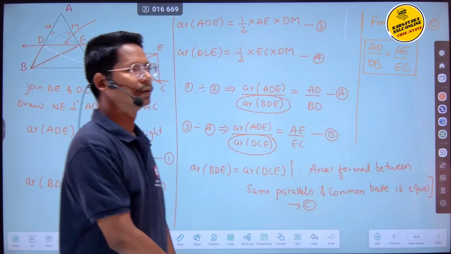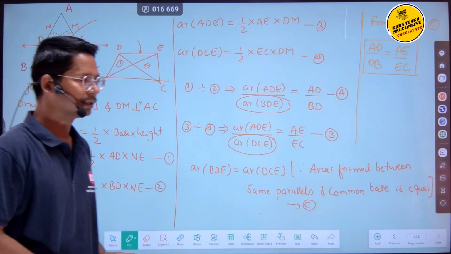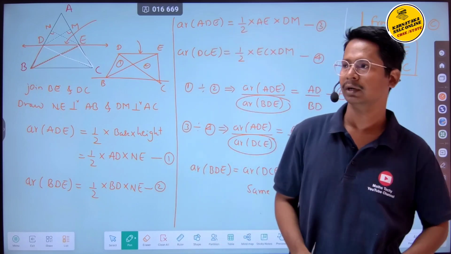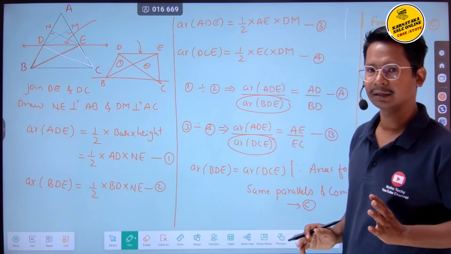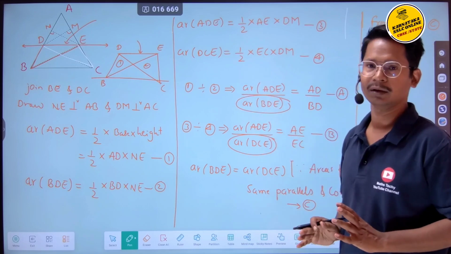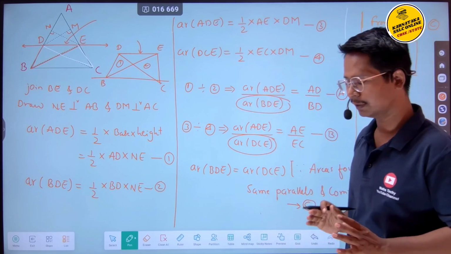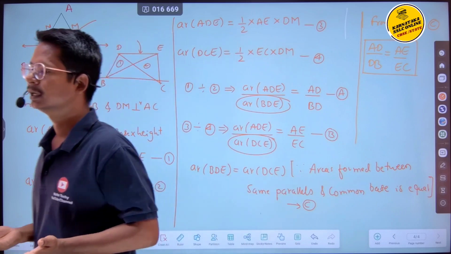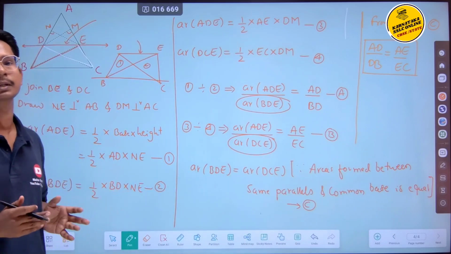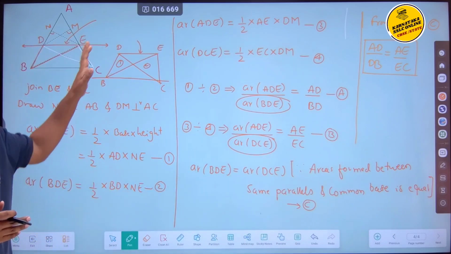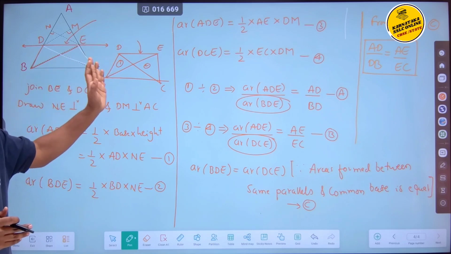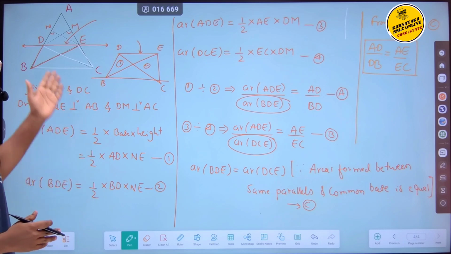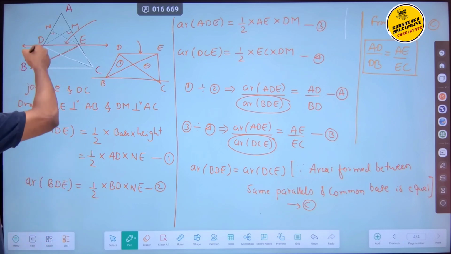So this is about the BPT. Here the important thing is, for a triangle there should be a line parallel to any one of the sides of the triangle. If it is parallel, then I can say the other two sides make an equal ratio. The intersecting sides will make the same ratio, as we did, the intersecting lines are AB and AC.